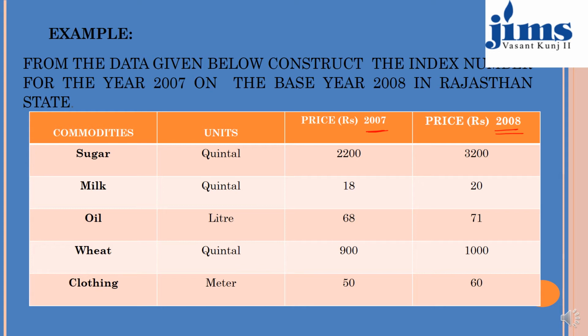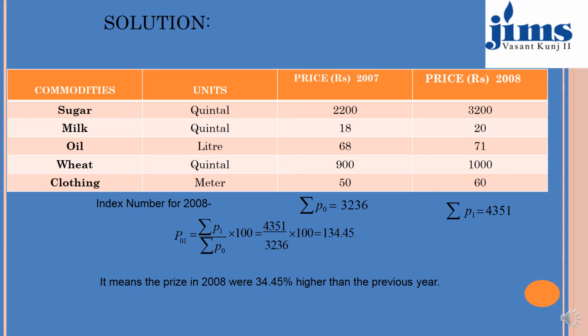We will add these prices and on that basis we can find the index number. This is the calculation mentioned here: the sum of prices of the commodities in 2008, the current year, over the sum of prices in the base year, and the index number calculated is 134.45. That means the increase is 34.45%, as mentioned here.